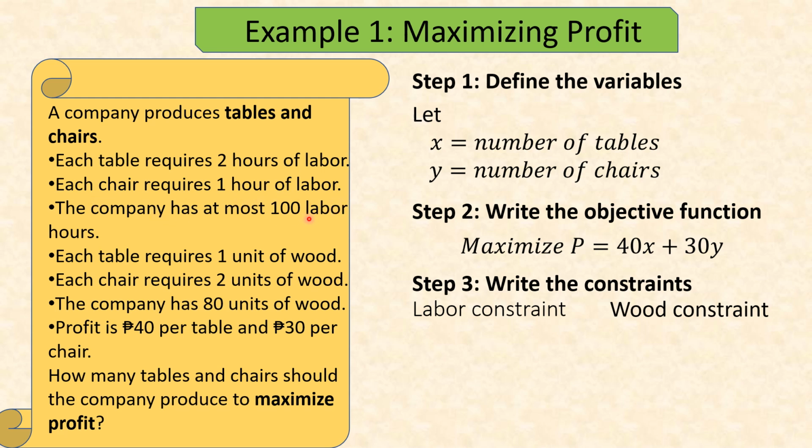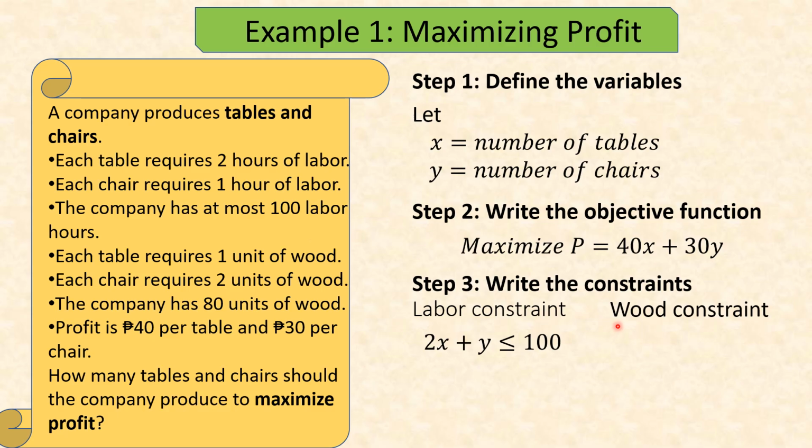The company has at most 100 labor hours. It means 2 hours times X for tables and 1 hour per chair, Y, is less than or equal to 100. So this is the inequality for the labor constraint.